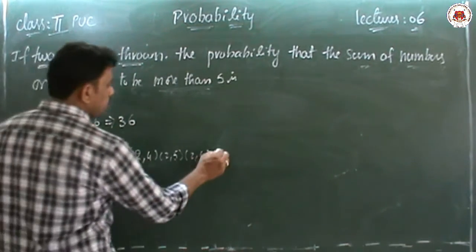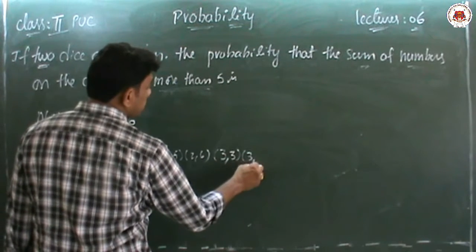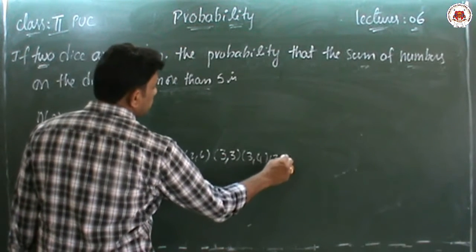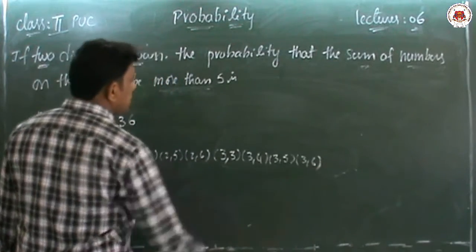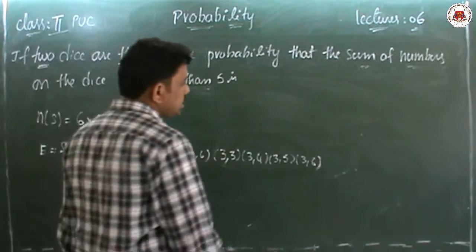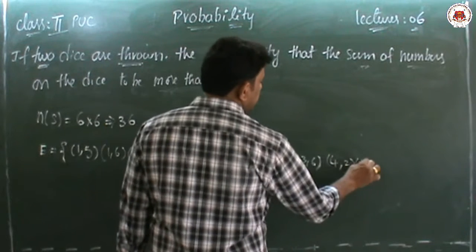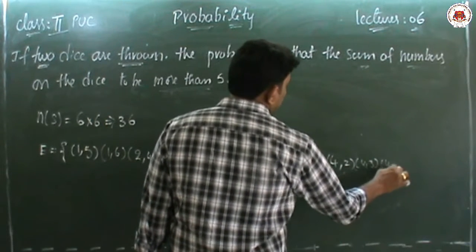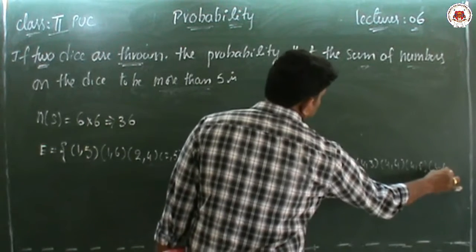In the same manner we will take 3 also. 3 comma 3, 3 comma 4, 3 comma 5, and 3 comma 6. All these values are more than 5. In the same way, we can write 4 also. 4 comma 2, next one is 4 comma 3, 4 comma 4, 4 comma 5 and 4 comma 6.